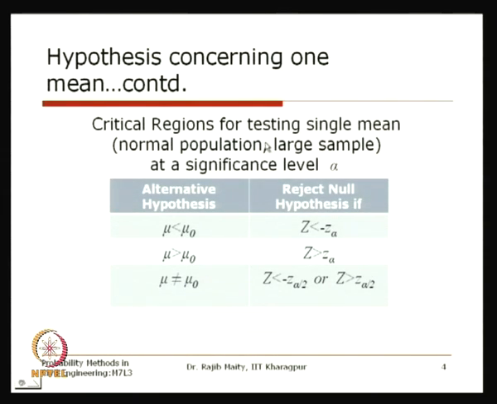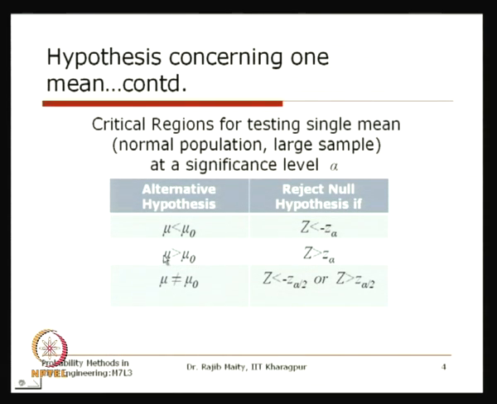The critical regions for testing a single mean, and again the assumption here is that the population is normal and it is a large sample. Large means approximately that the sample size is more than 30. The critical region is at the significance level alpha, and the discussion on the significance level we covered in the last lecture. There are two possible cases: one sided or two sided. For one sided, it can be the left hand side or the right hand side. Reject the null hypothesis if z is less than minus z alpha.